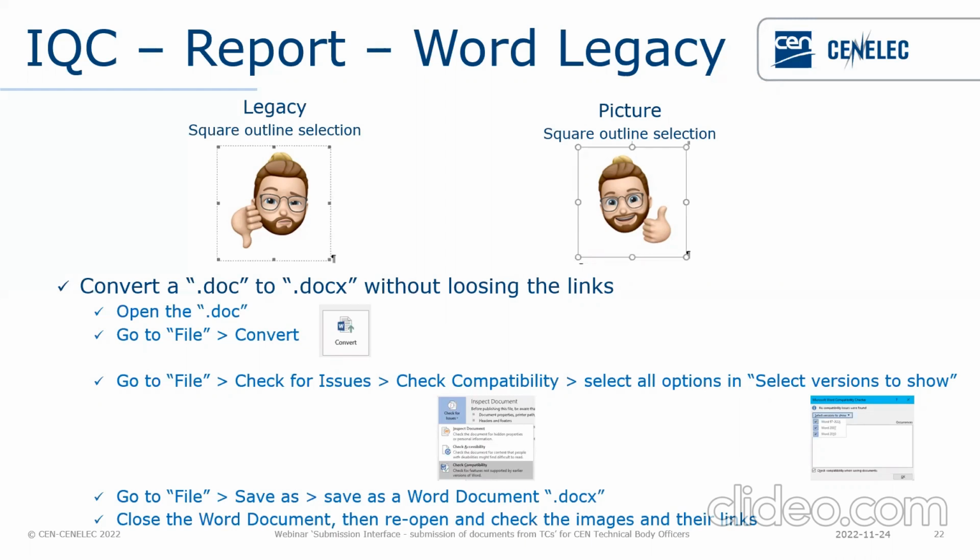When prompted, you can select all the versions to show, select all options, so that it will check for the disparity and will translate every item and every link of your document into the right one. Next step is to save the document as a docx. Then you close your document, you reopen it, and all the images are linked. It's always best, though, to double check that those are linked in order not to miss any.